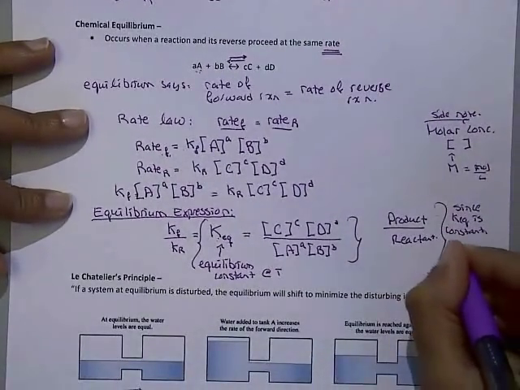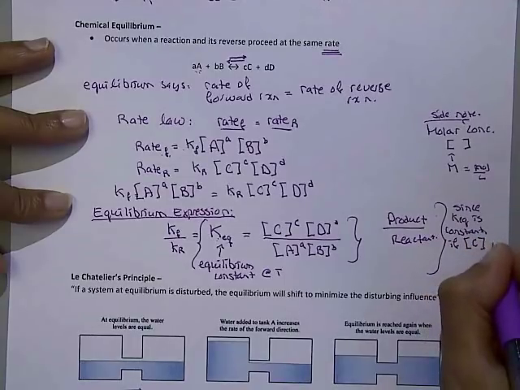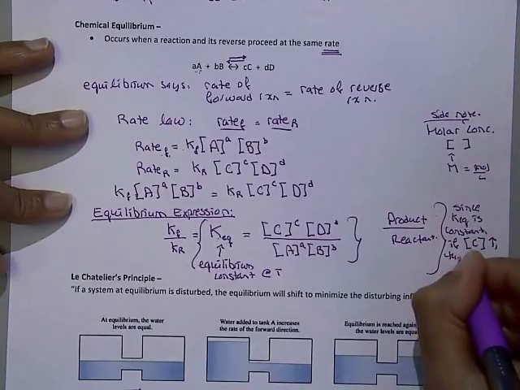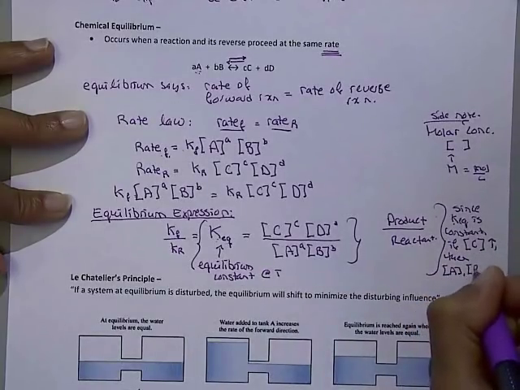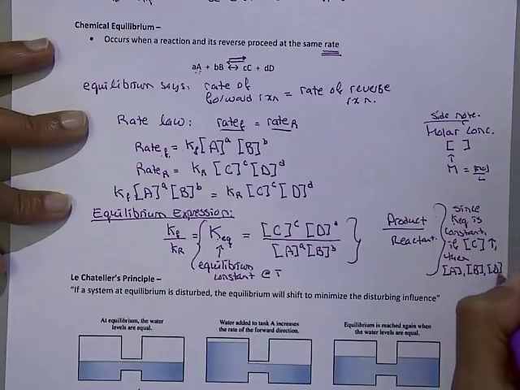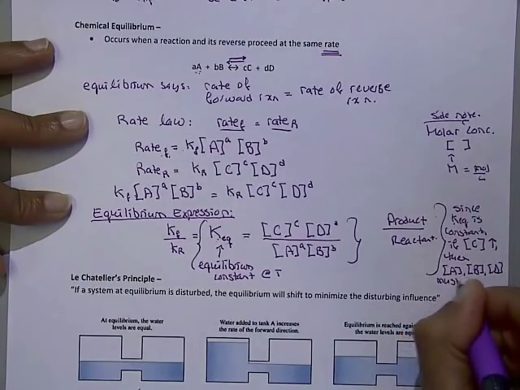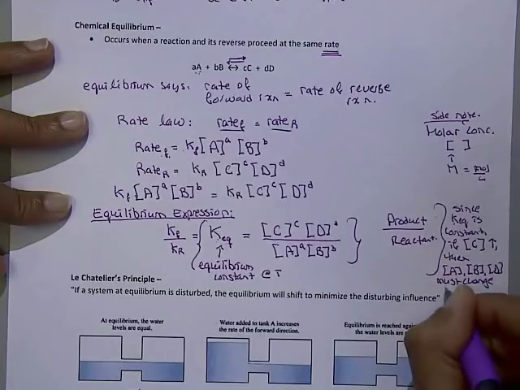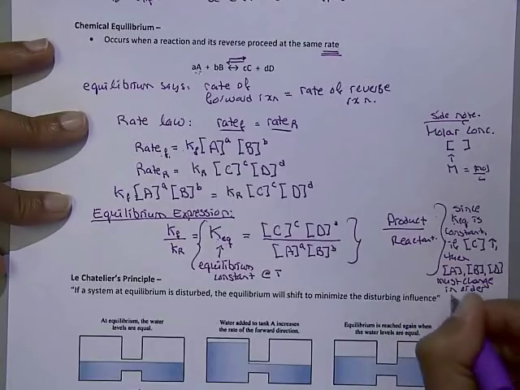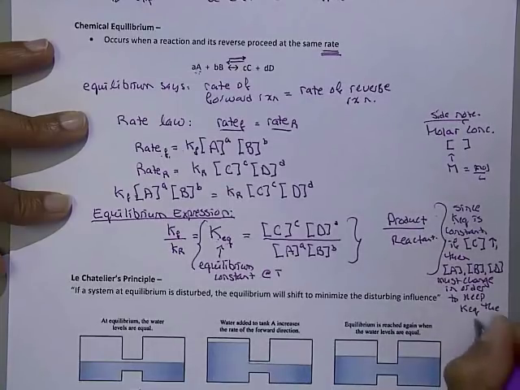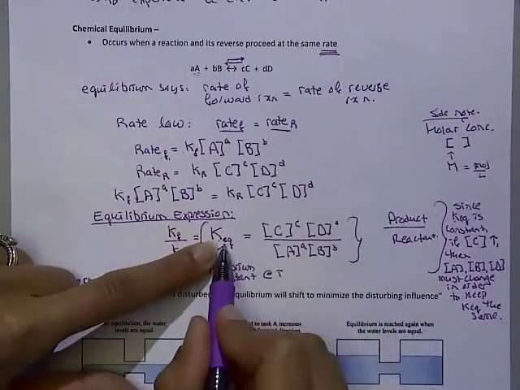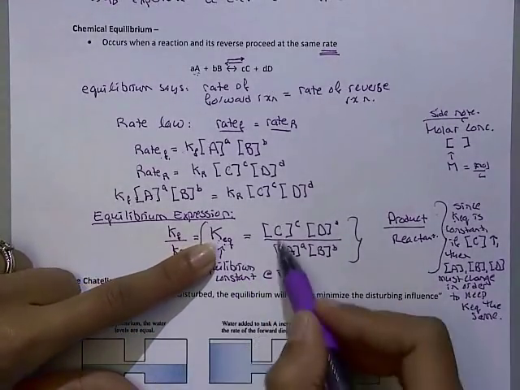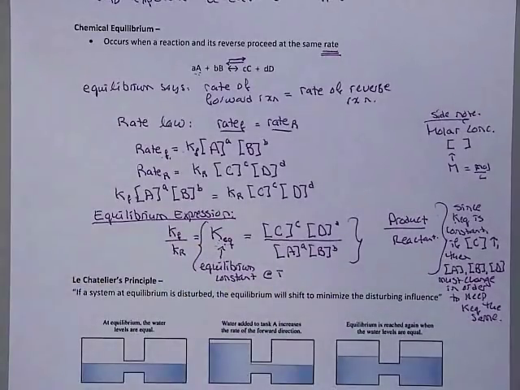If the concentration of C increases, then in order to keep this as a constant, the concentration of A, the concentration of B, and the concentration of D must change in order to keep our equilibrium constant the same, okay? So if this is mind-boggling, pause for a second and think about it. This is a constant. If any one of these change, the rest have to change in order to keep this as a constant.